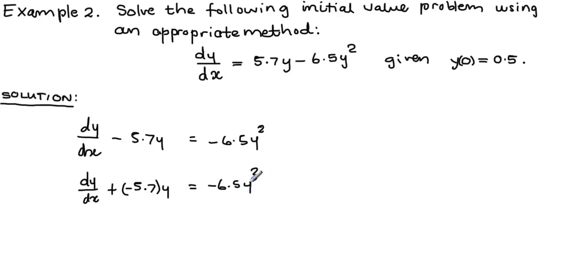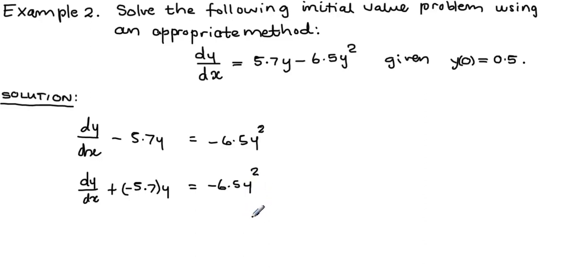Now, if we didn't have this y squared here, this equation would be linear. And the left-hand side actually looks like a first order linear differential equation, where p of x will be this constant. But now, because of this, it is not a first order linear equation.